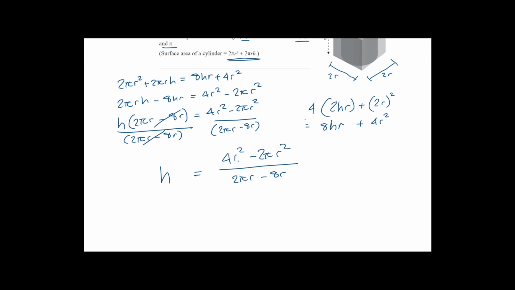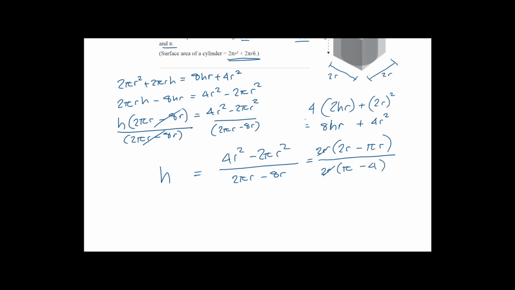And that's correct, but it's not simplified as much as possible. So let's factor out. These all have 2 r's in them, don't they? 2r is 2r minus pi r, and this is 2r pi minus 4.